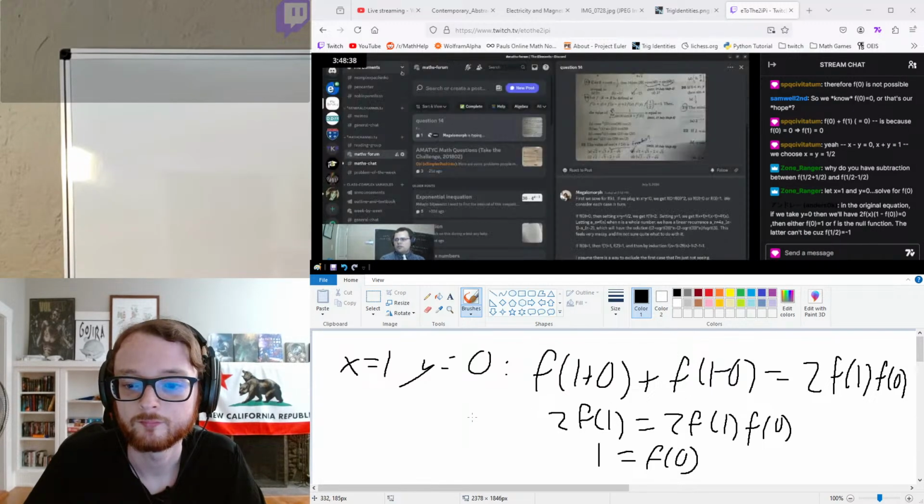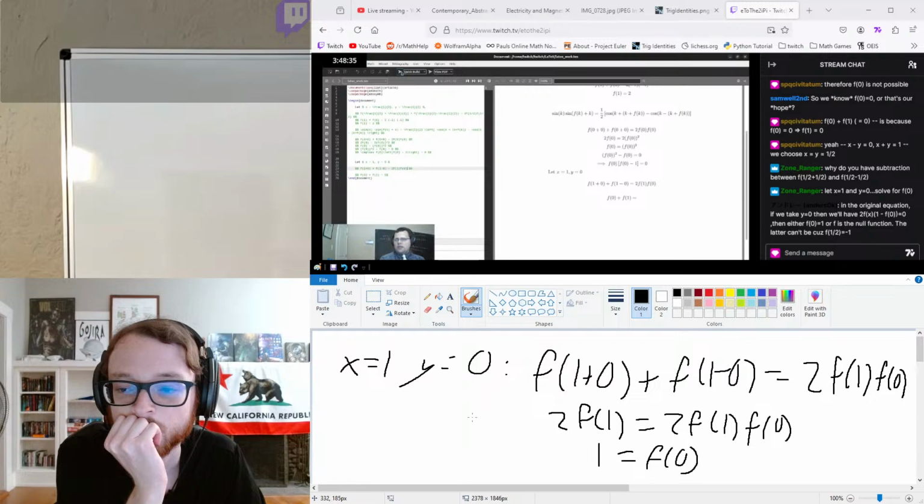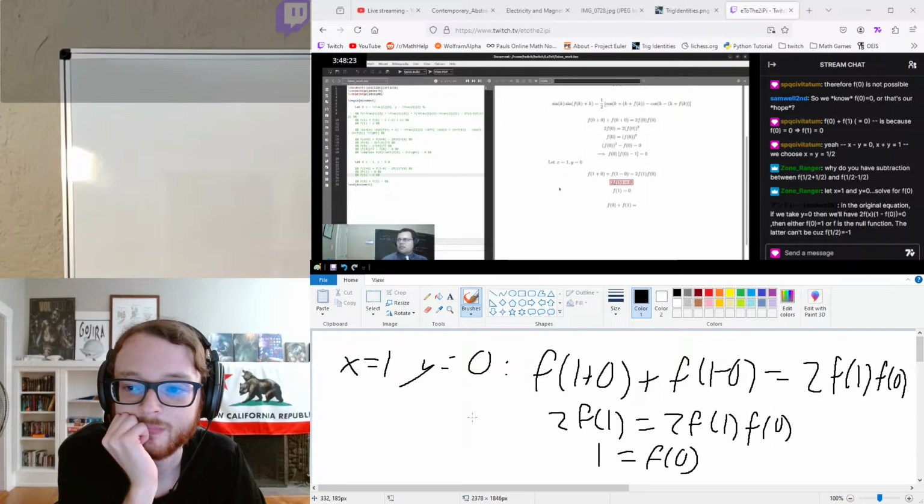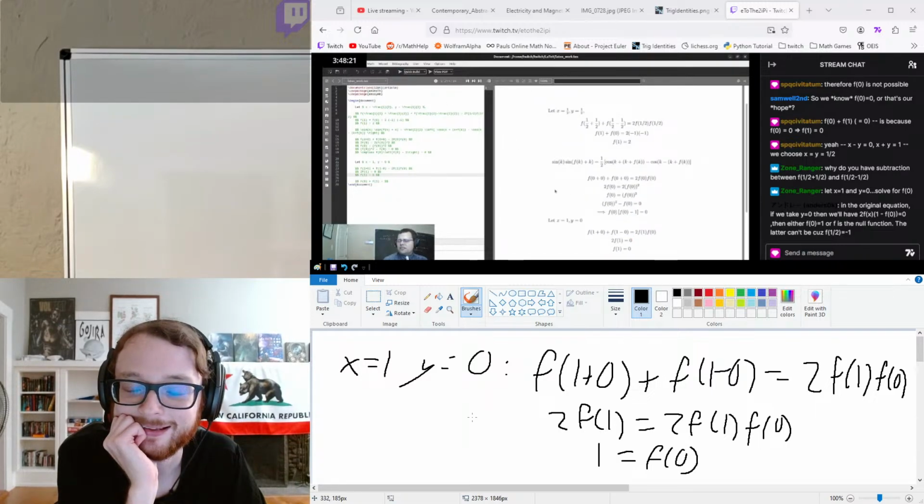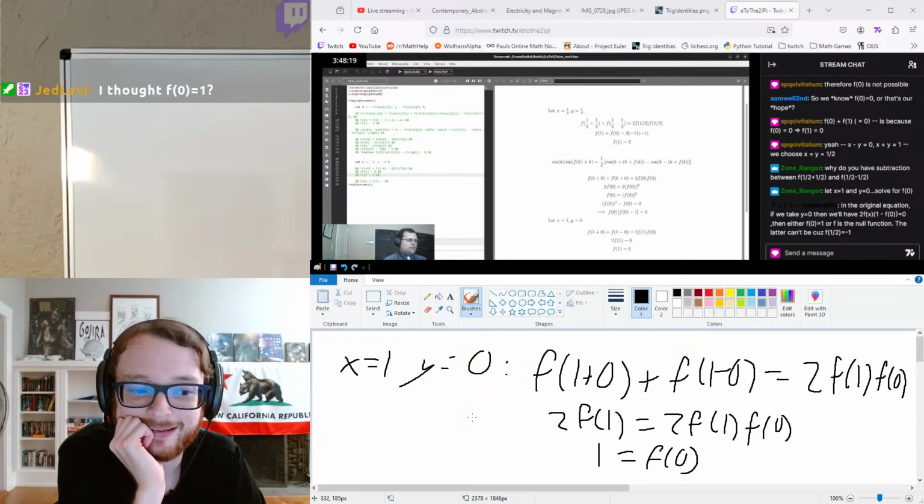So that means 2 of f of 1 is equal to 0, and so f of 1 equals 0. Isn't that a contradiction? Doesn't that say it can't be done? Yeah. Can't be the latter because f of 1/2 is equal to -1.